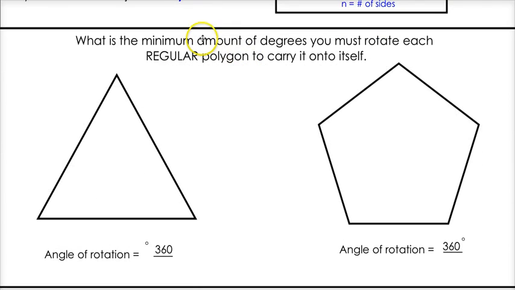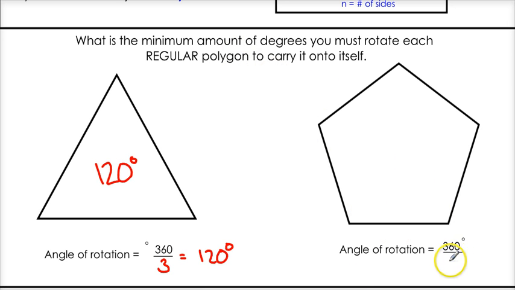We want to know the minimum amount of degrees you must rotate each regular polygon here to carry it on to itself. Well, the first one is a triangle, all right, and that has 3 sides, so all we have to do is take 360 divided by 3, and we would get 120 degrees. So the angle of rotation here is 120. Put that right in the middle. If you look over here, we have a pentagon with 5 sides, so all we have to do is find the angle of rotation that we must spin it.